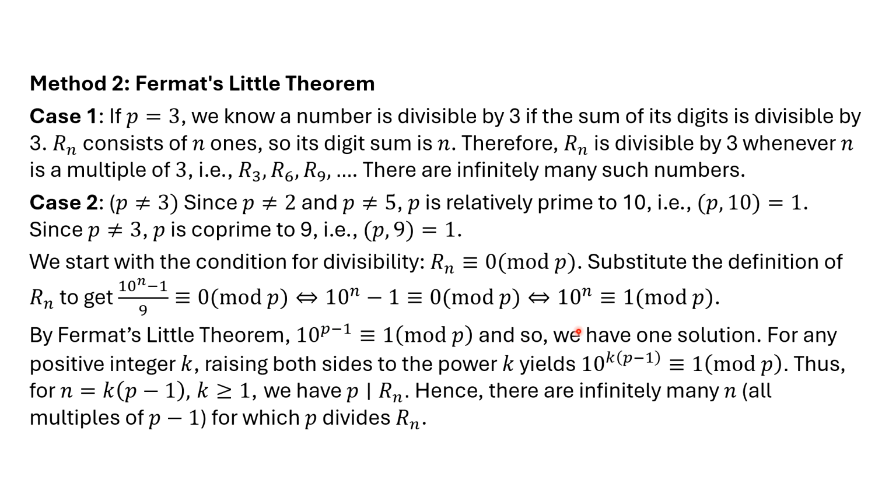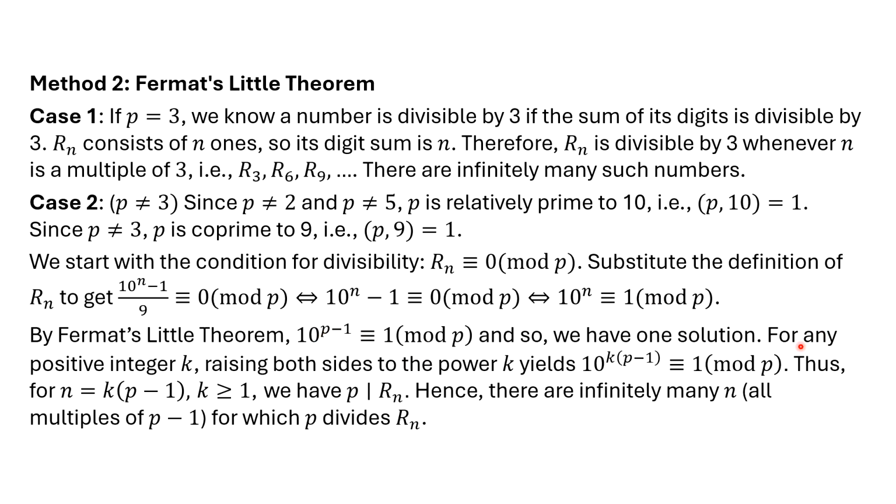So that gives us one solution, one value for n that'll work, so that we have divisibility of 9 into 10 to the nth power minus 1, which is equivalent to this, which is equivalent to this. And as I say, for n set to p minus 1, we have a solution here.